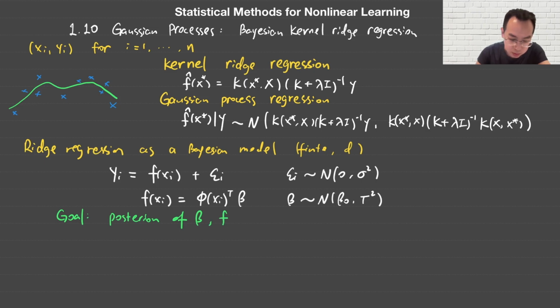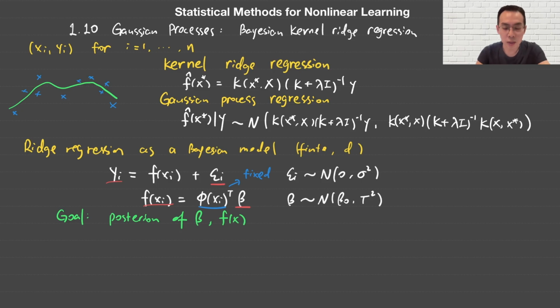In this case phi is not random. Epsilon and beta are random. Phi is fixed. Then our f and y will also be random. The only non-random thing is phi. Because beta and f are linked, the goal becomes to estimate the posterior of f of x. So that is the goal.